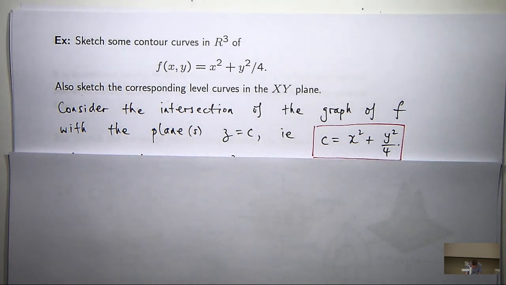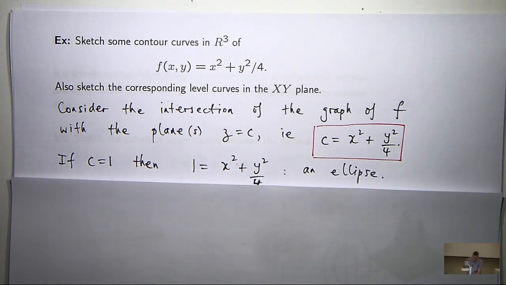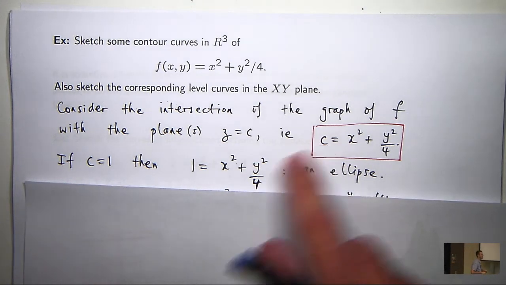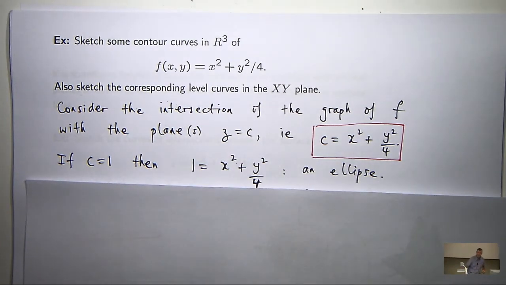If c equals 1, then I just replace c with 1 here and try to see what kind of curve that equation represents. In this case it's an ellipse. So I know in the plane z equals 1, the contour curve for this f will be an ellipse.